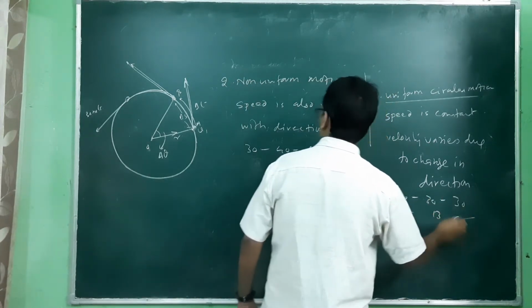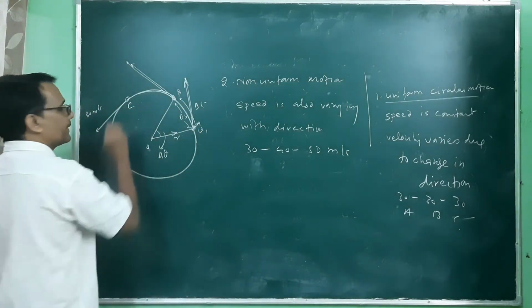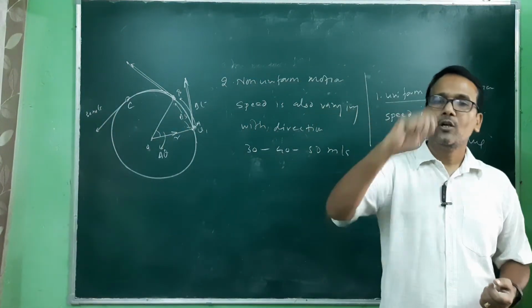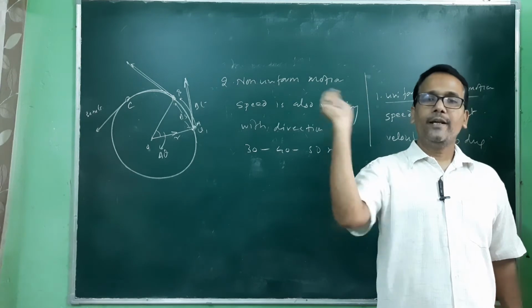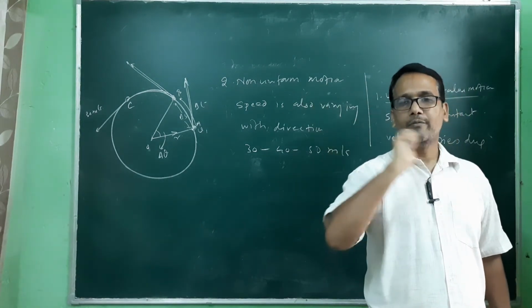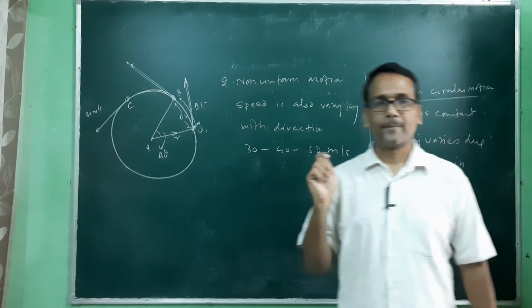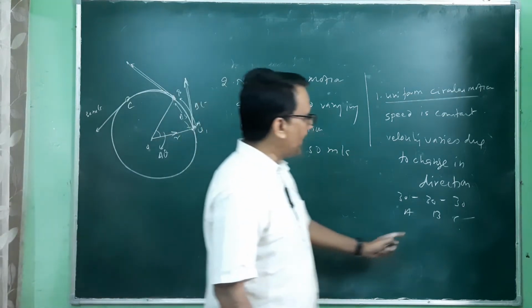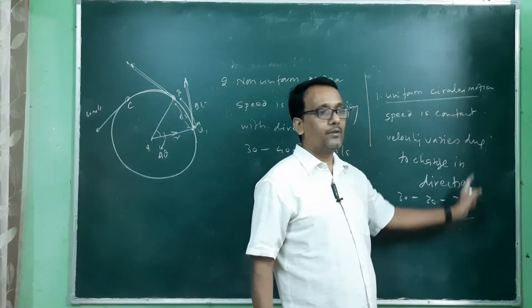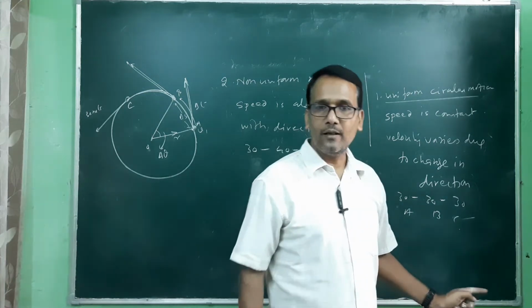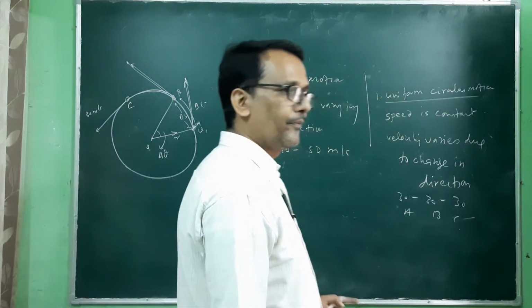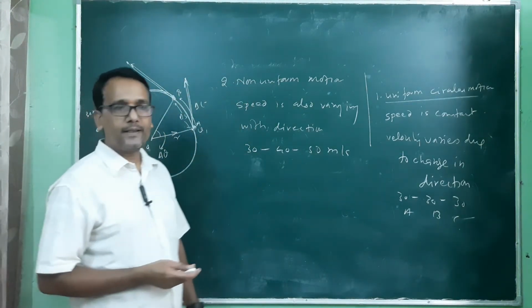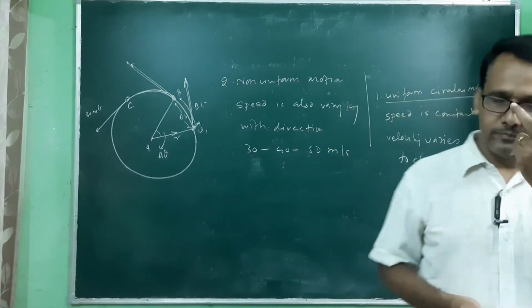A, B, C: here this is A, this is B, and this is C. Constantly its magnitude is also changing; it keeps getting faster. Like a stone tied to a rope and being rotated faster and faster, versus rotating it constantly, uniformly, with a constant speed. So in both cases we have acceleration. What we have derived so far, because of uniform circular motion, is that alpha t, at. Now we will derive the acceleration due to non-uniform motion.